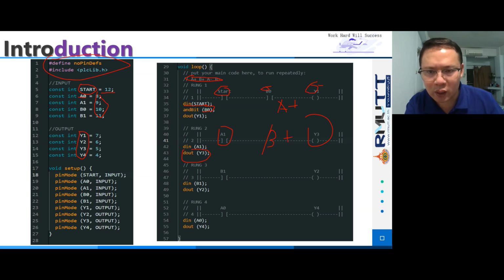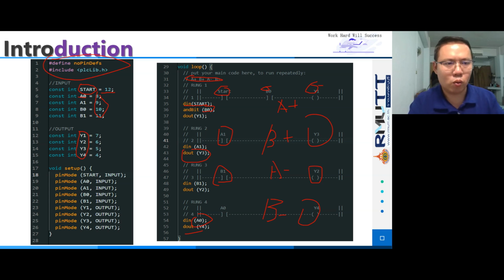When B1 is on, Y2 is working, it's A minus. When it arrives at A0, Y4 is working, it's the B minus. Okay, this is all the Arduino control code.